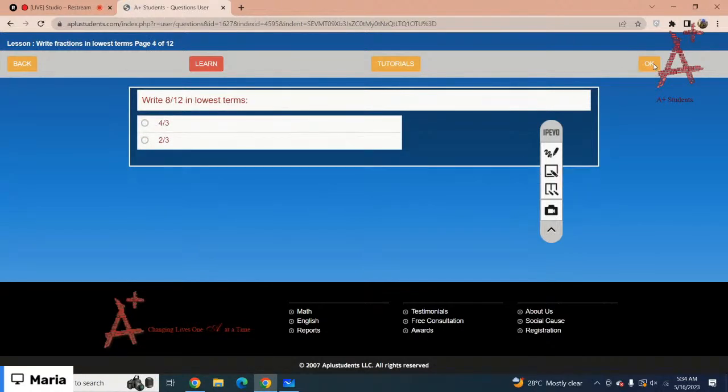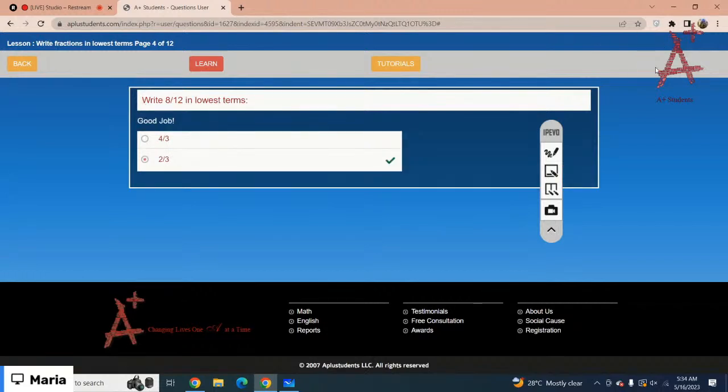Okay, write 8 by 12 in lowest form. So which is the correct option? Yes, that would be 8 over 12 and you can convert it into 2 by 3. 4 times 2 is 8 and 4 times 3 is 12.